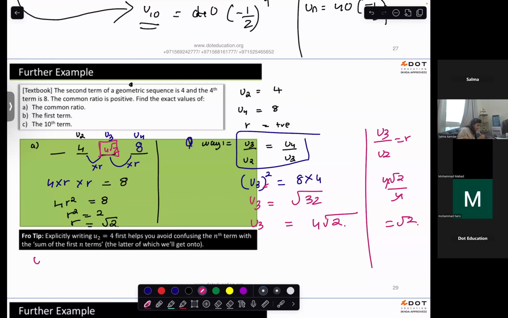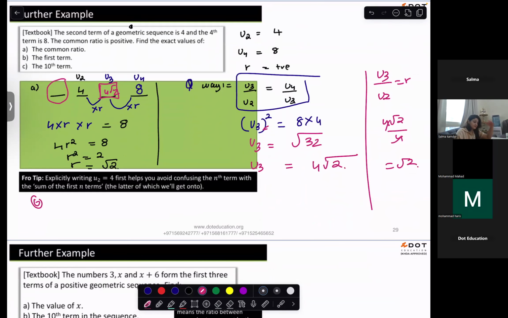Now the B part. How do I find the first term? Since we already have U2, the second term, what we can do is divide it by the common ratio to give us the first term.